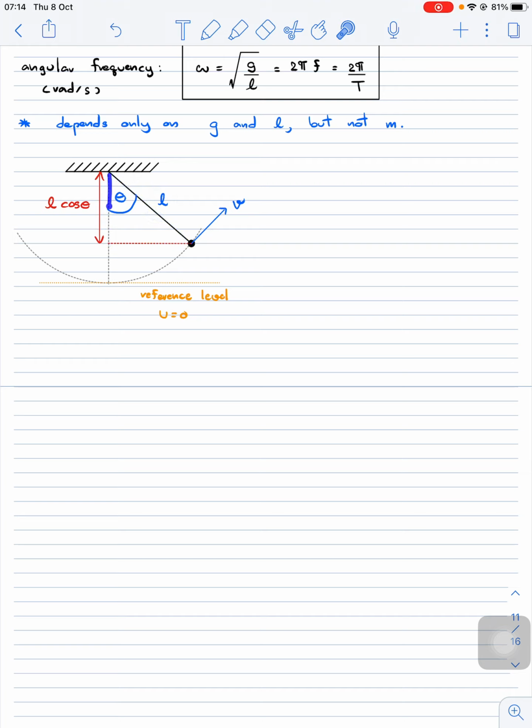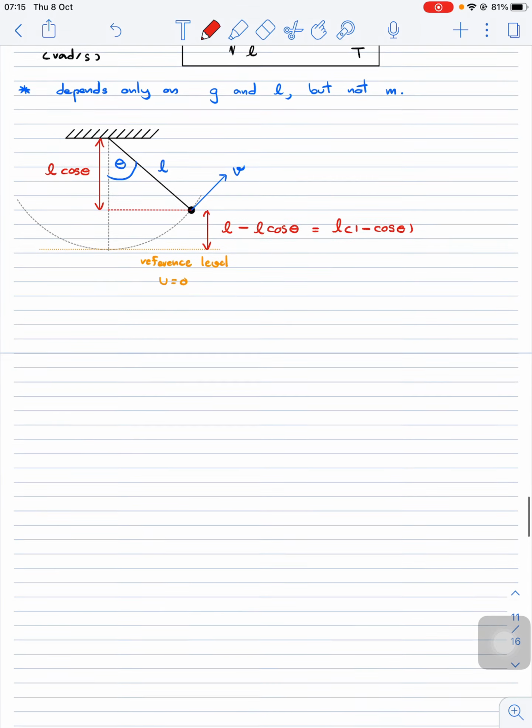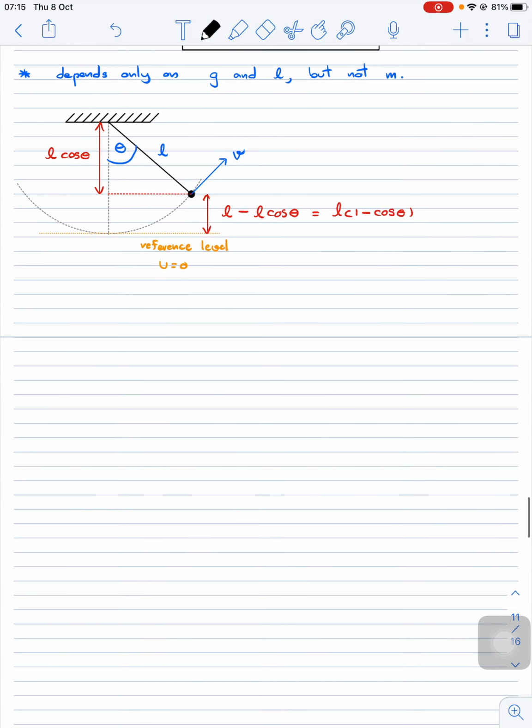But don't forget that the whole length must be equal to L, the length of the string. Then this part is equal to L minus L cosine theta, or L times (1 minus cosine theta).